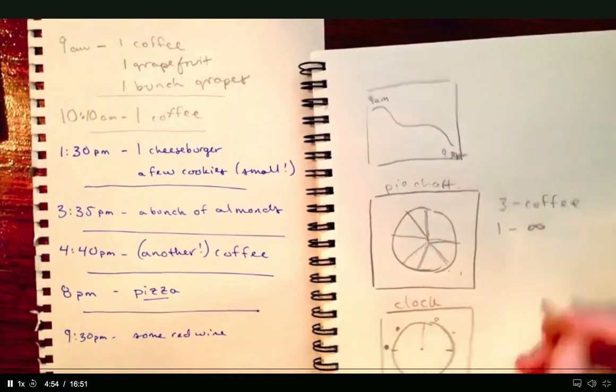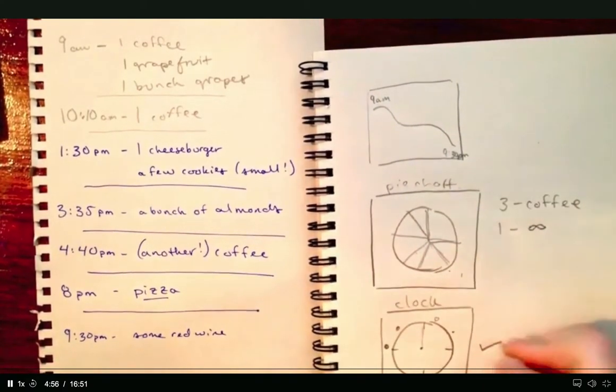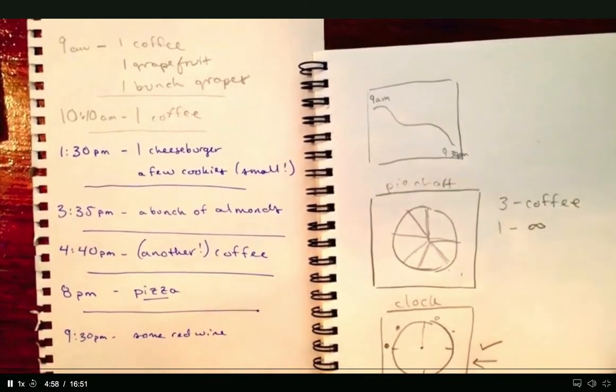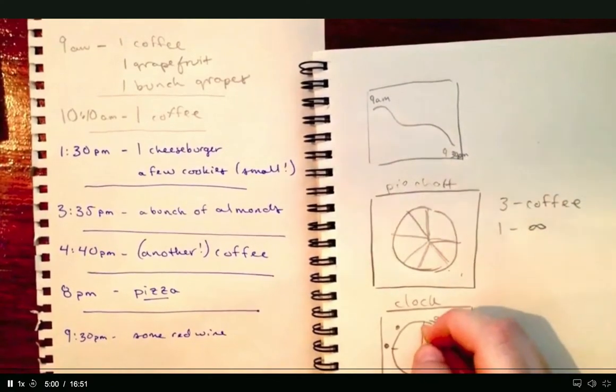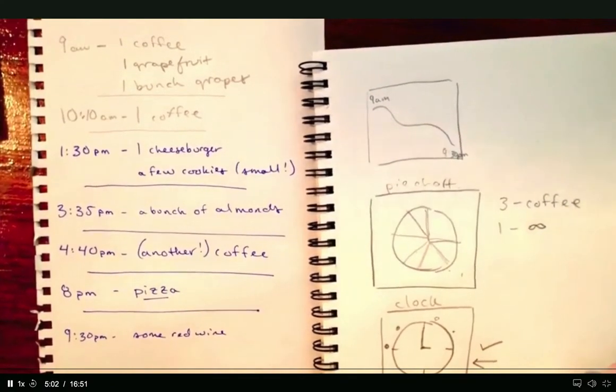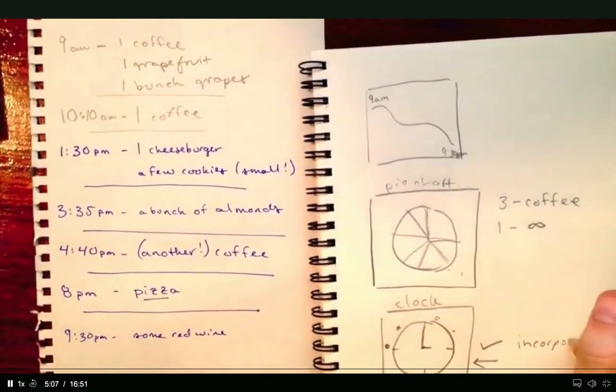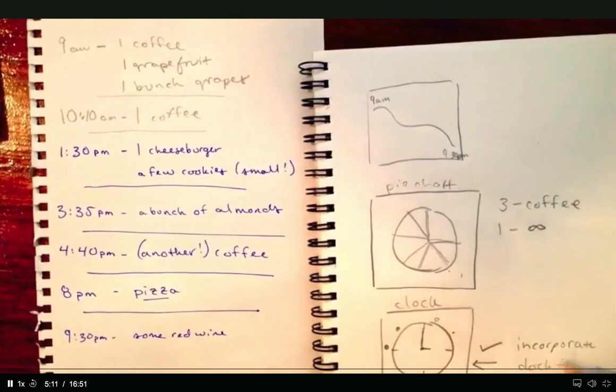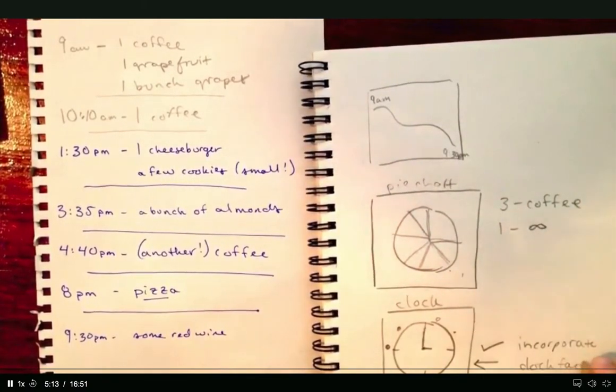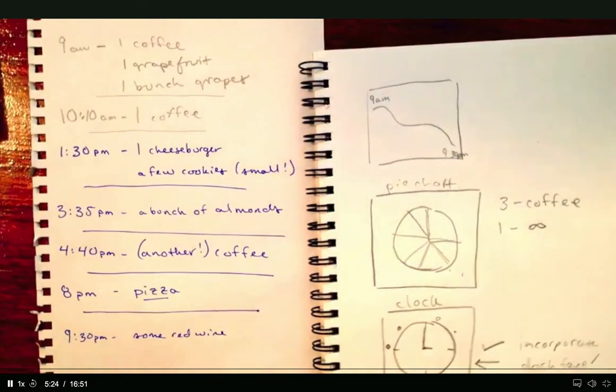So maybe the clock won't actually work, but I like that idea, and maybe I can incorporate a clock face into it, perhaps. So maybe I can incorporate that somehow, and I'll just keep a note of that for myself.